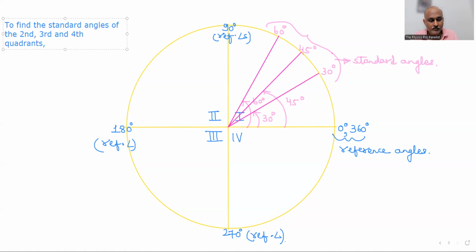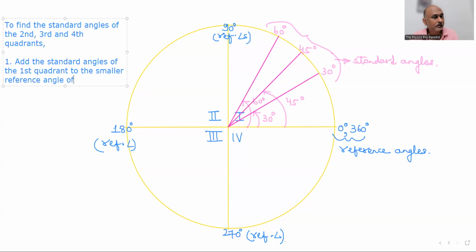First, add the standard angles of the first quadrant to the smaller reference angle of the respective quadrant.